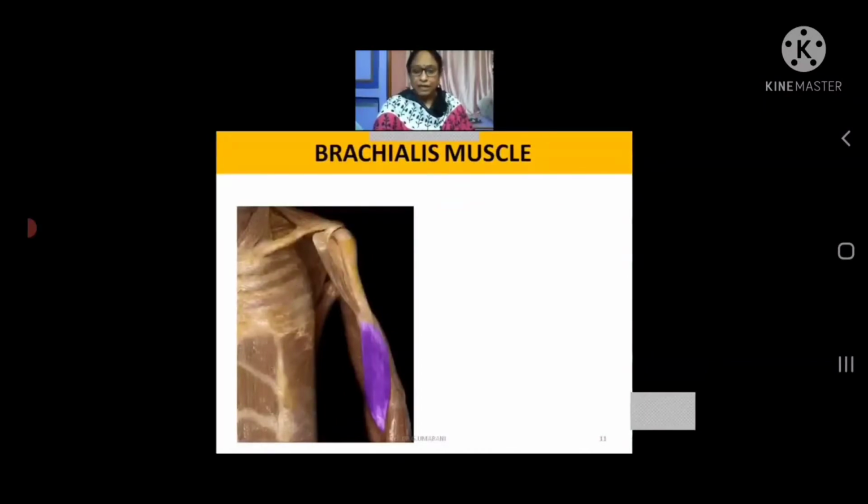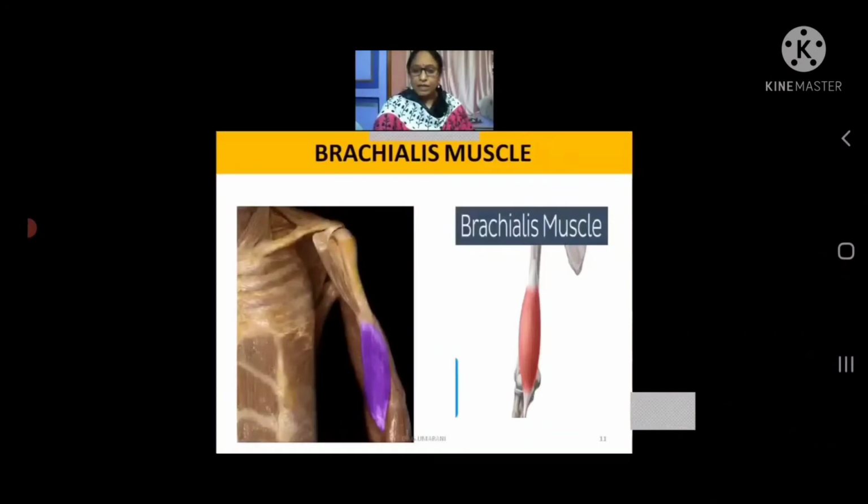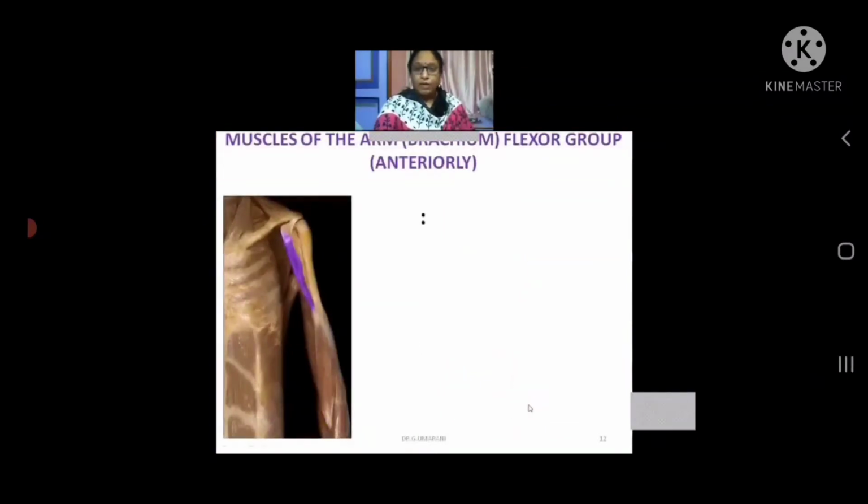So the brachialis is the innermost muscle, and you can see here that after removing the biceps brachii, it is inserted to the ulna. And one more muscle after the biceps and brachialis is known as the coracobrachialis. It lies most medially.